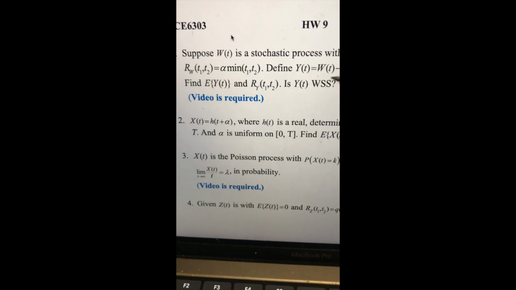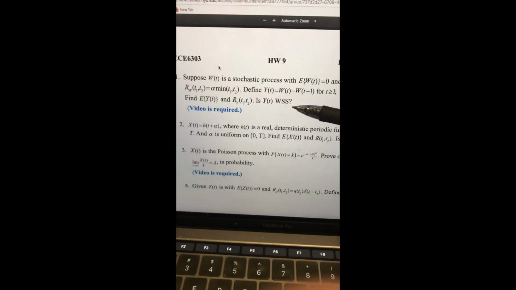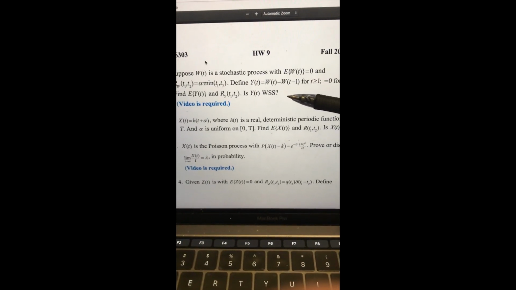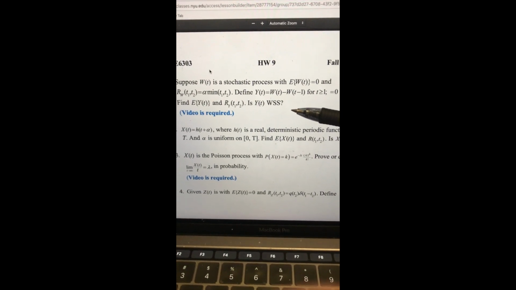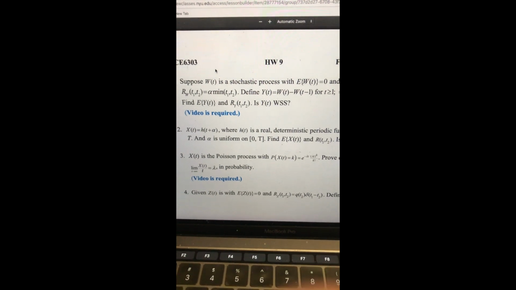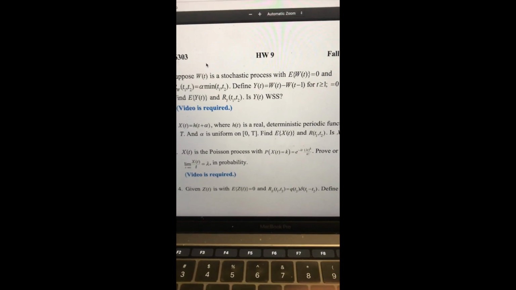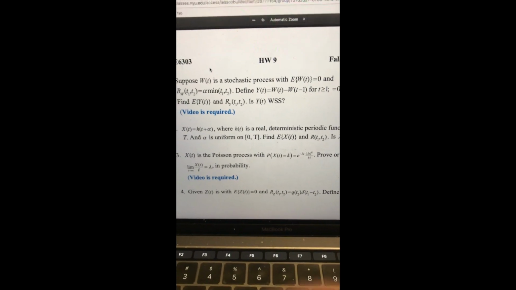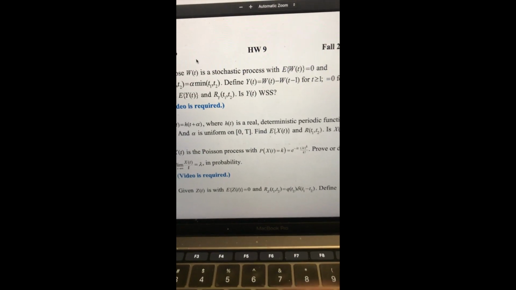Problem 1 is about finding the expectation value for y and the autocorrelation, and identifying whether y is WSS or not.